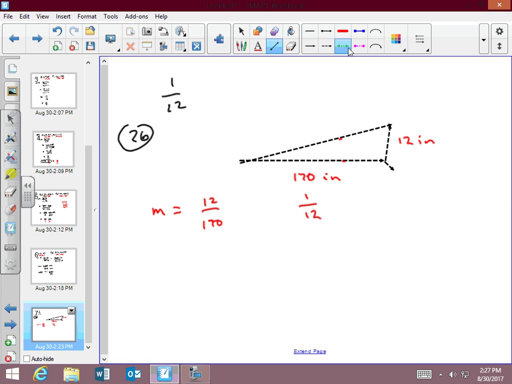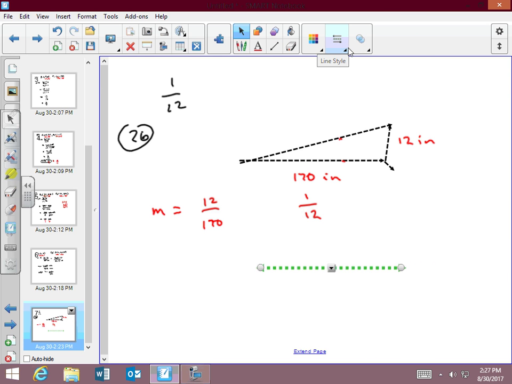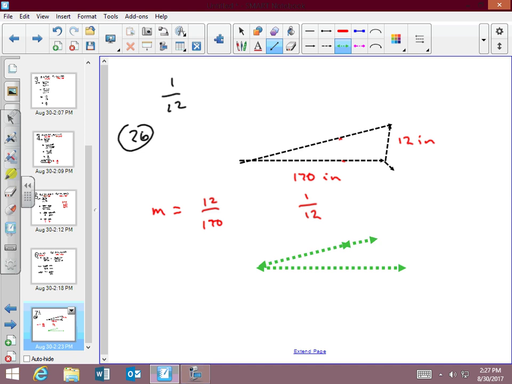If I understand what you're talking about, you're saying a ramp that would comply with this would have to be 12 here and 1 here. Is that right? Is that what you're saying? I guess.